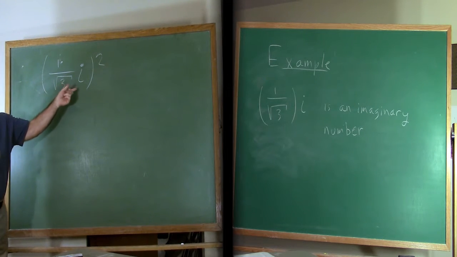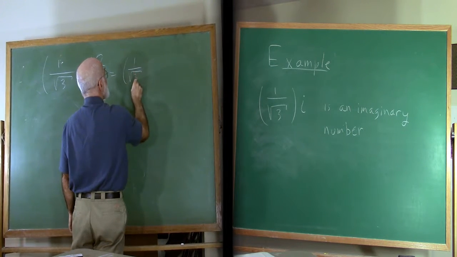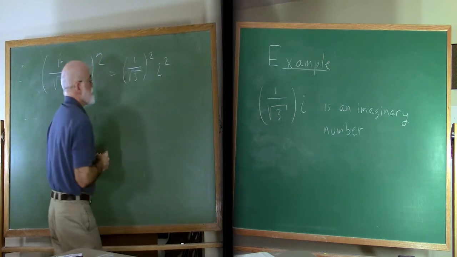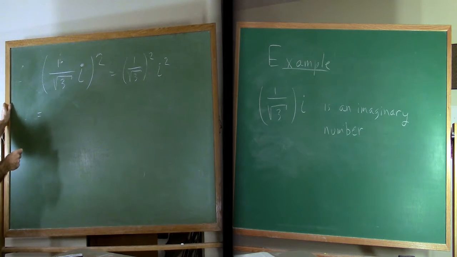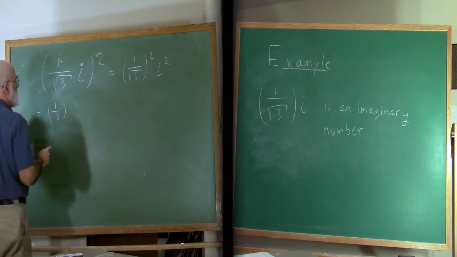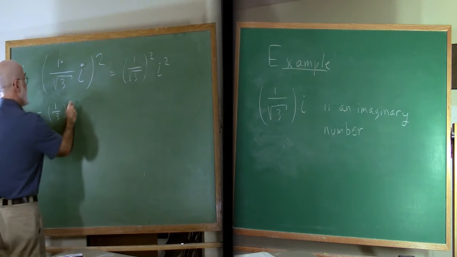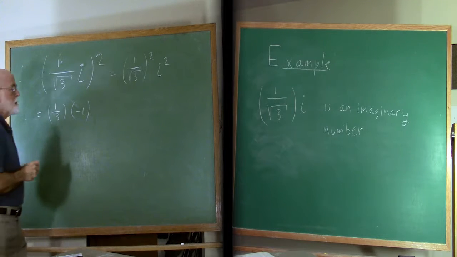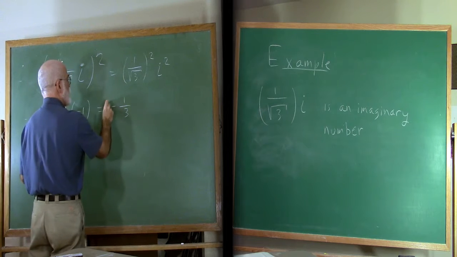That means you square each part. The 1 over root 3 squared is 1/3. The I squared, we already know, is -1. In other words, a negative real number, negative 1/3.